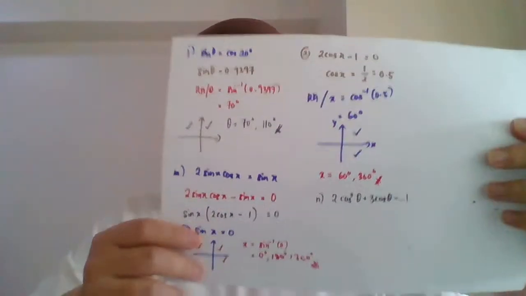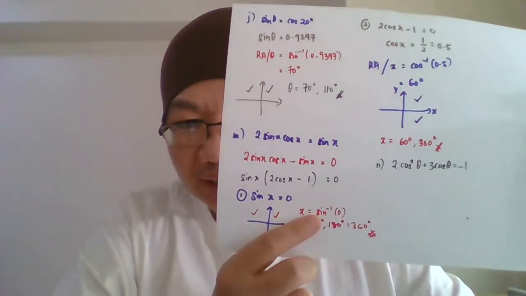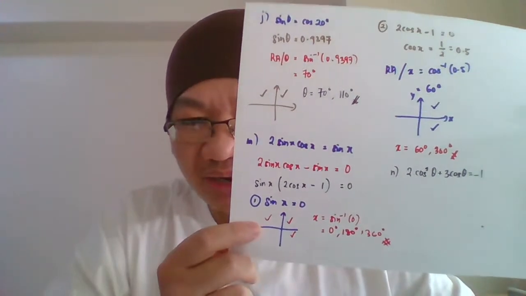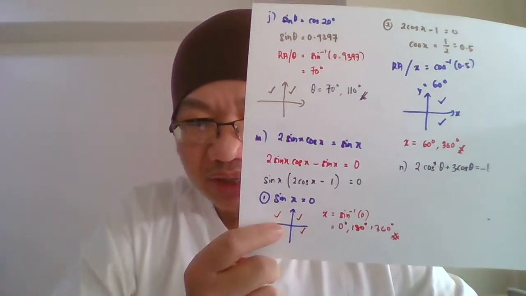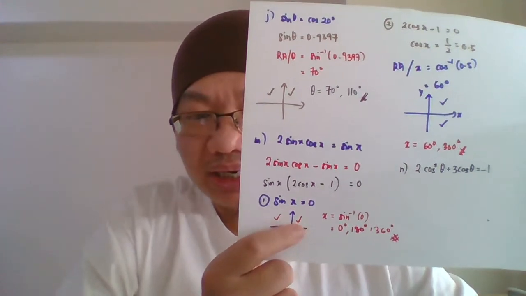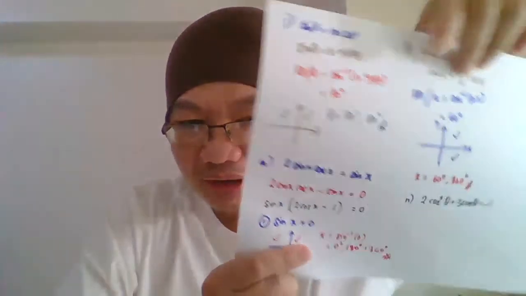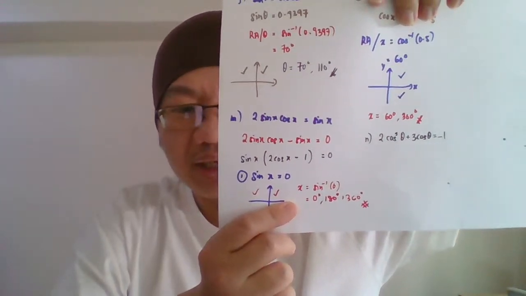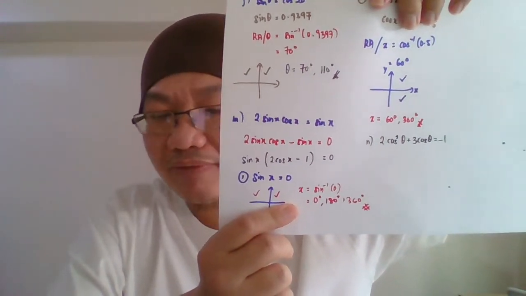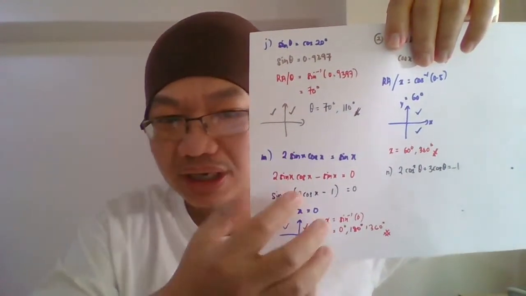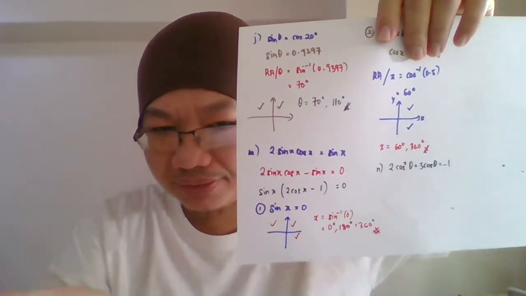When we take sin x equal to 0, then sin inverse 0, we are supposed to get 0 degree. So 0 degree is located on the first quadrant. And the second quadrant, if we put 180 minus 0, we get 180, and when we put sin 180, we also get 0.